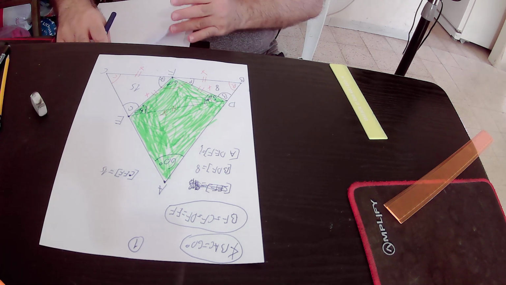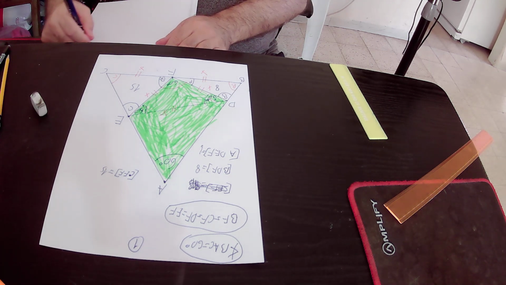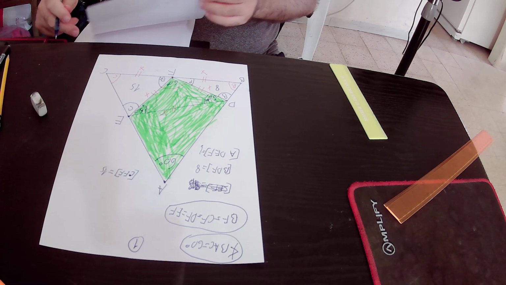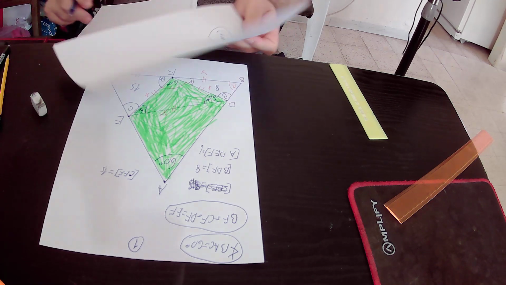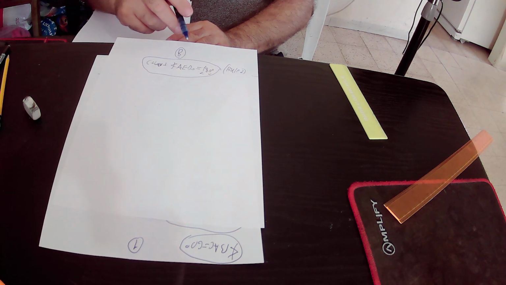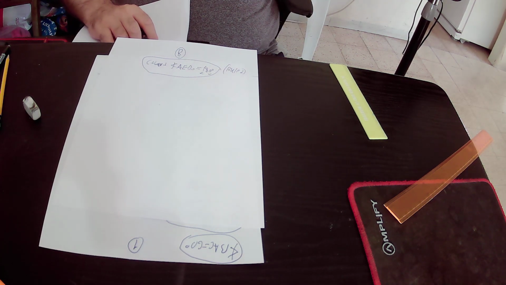Okay, angle C plus 60 degrees plus angle AED must be equal to 180 degrees according to rule number 2.